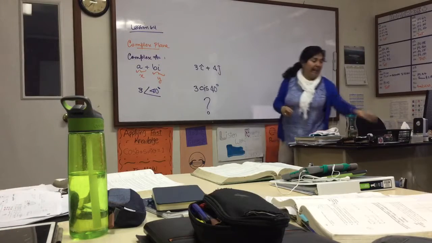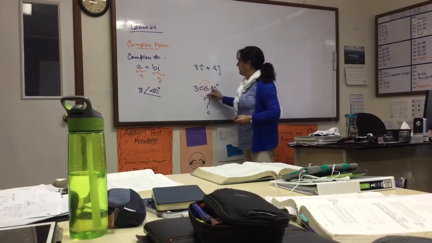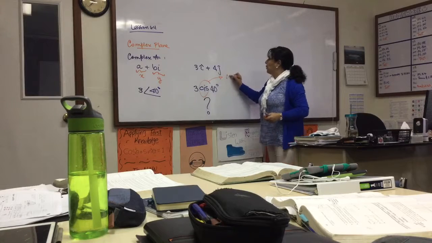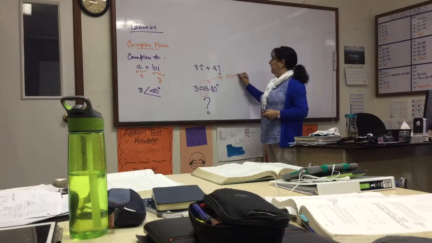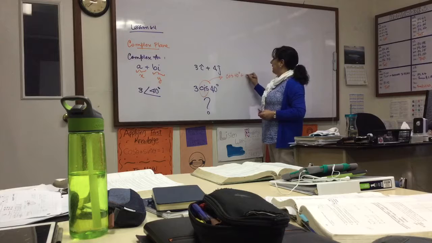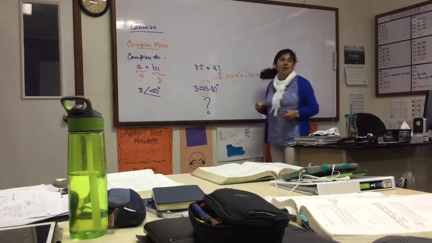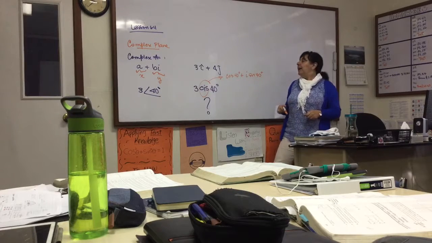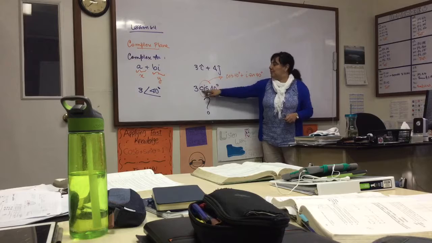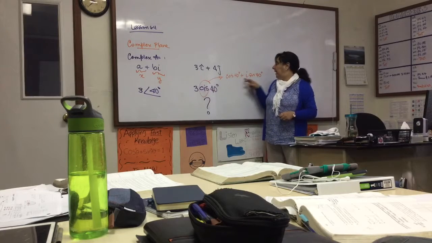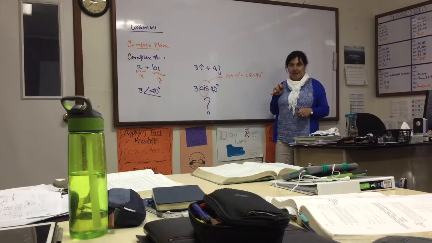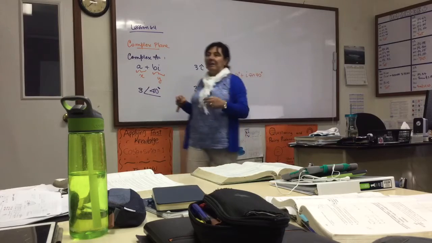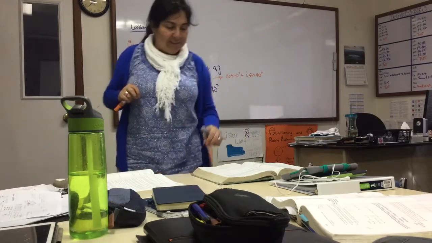Cis, when we break it up, means cosine of 40 plus i sine of 40. Okay?